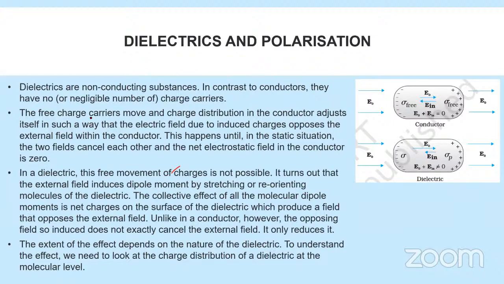In a conductor, the free charge carriers move, and the charge distribution adjusts itself in a way that the electric field due to the induced charge opposes the external field within the conductor.